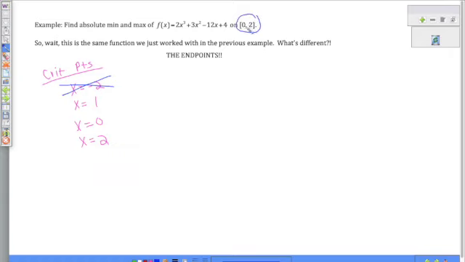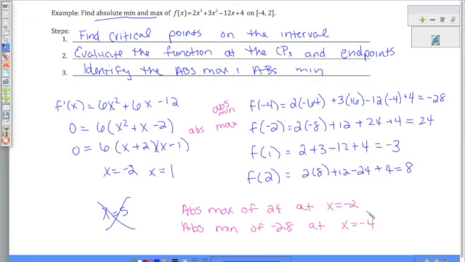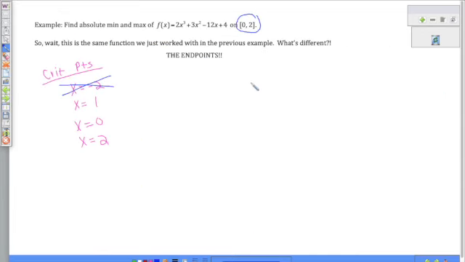That's a mistake you guys love to make: you get your critical points and you test them, you plug each one in. Please, please, please make sure the critical points that you find are on the interval in question. A, you're creating more work for yourself. And B, if we looked over here, negative 2 ended up being our max. And if you had told me over here the maximum occurs at negative 2, no, it doesn't. It's not on the interval.